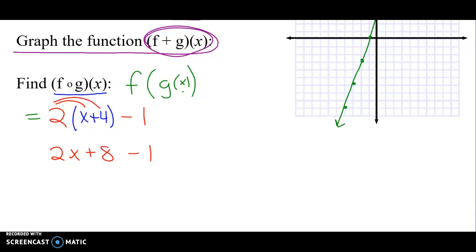Minus 1 out back. So what's our final answer? 2x plus 7. Now they could ask you to graph that. What's the y-intercept of that? 7 with a slope of 2 over 1.